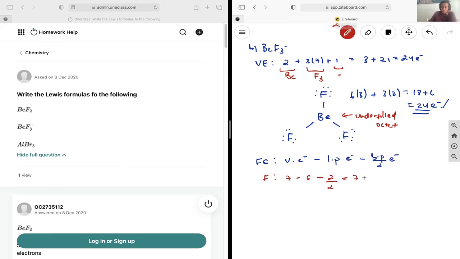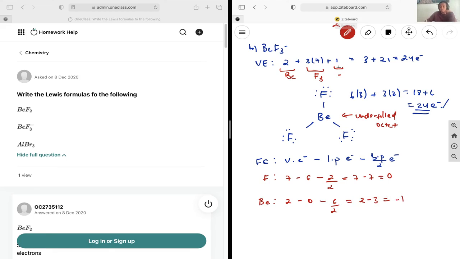And that is just going to give us 7 minus 7, which would give us 0. Let's check in on our beryllium. 2 valence electrons, minus it has 0 lone pairs, minus 2, 4, 6 bonding pair electrons. And that is just going to give us 2 minus 3. And that's going to give us -1.